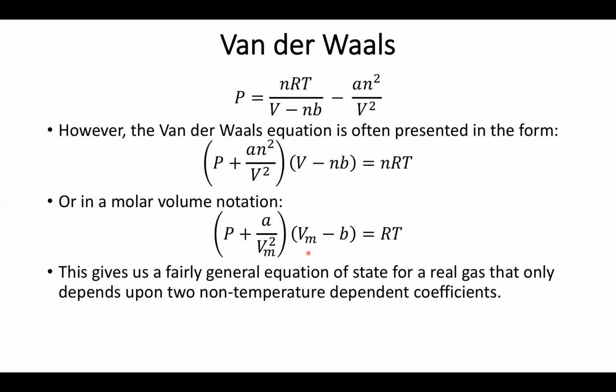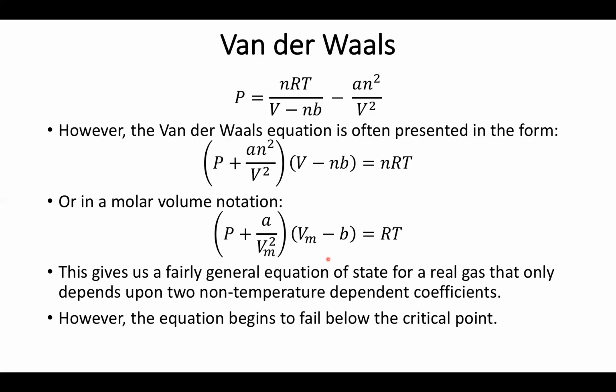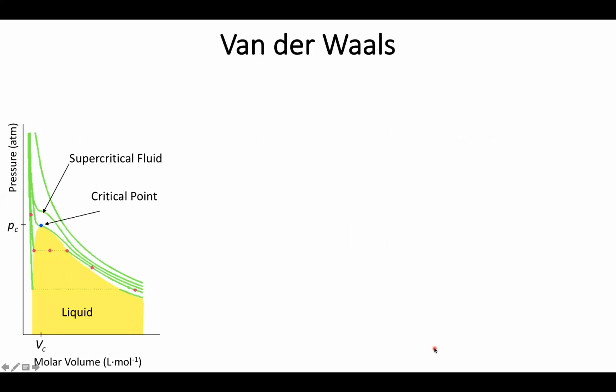But most notably, the biggest failure of the van der Waals equation is that it tends to start failing essentially below the critical point. So let's go ahead and take a look at the behavior of a real gas. So as we said before, if I've got a real gas under high temperature or low pressure conditions, I tend to be out in this regime, and I get fairly ideal behavior.